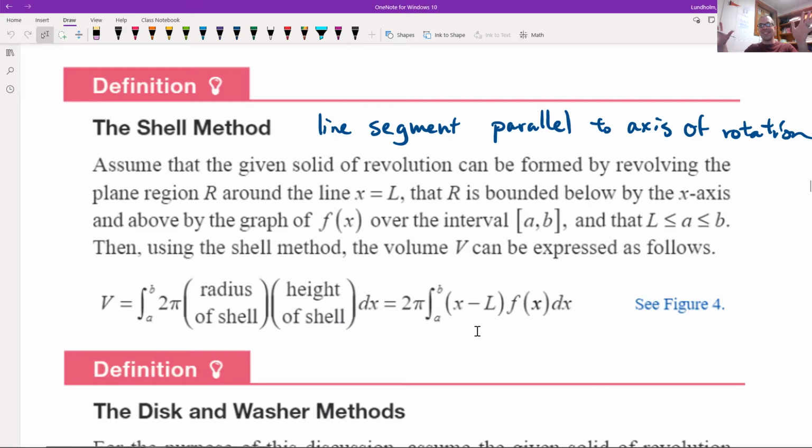It pretty much centers things so that this line is the new axis of revolution. But then you're multiplying that times f of x, where f of x is the height of the shell.